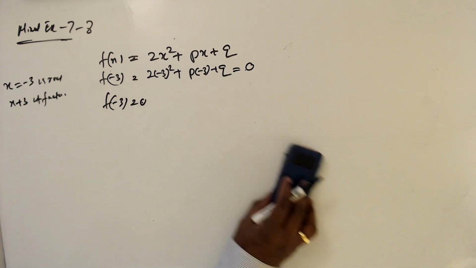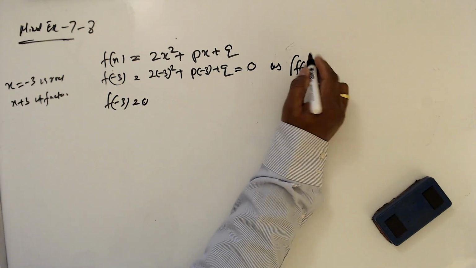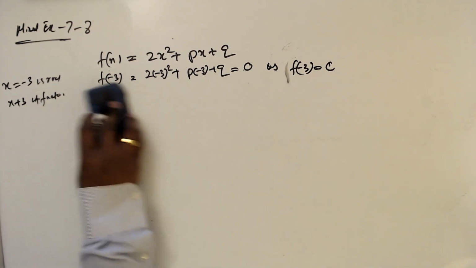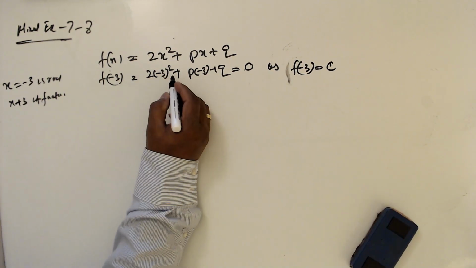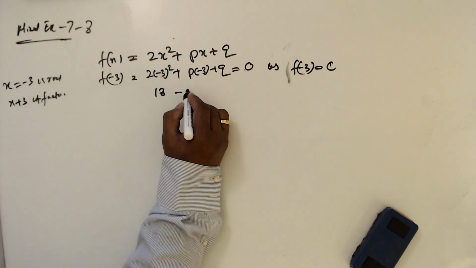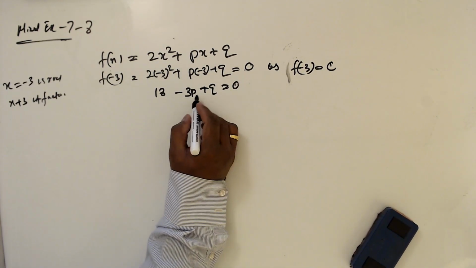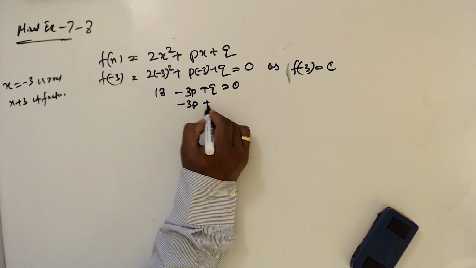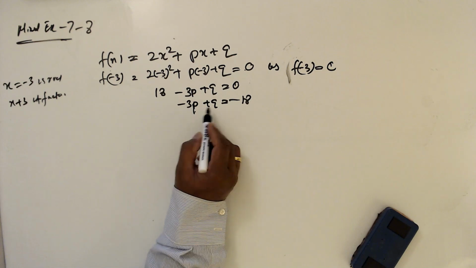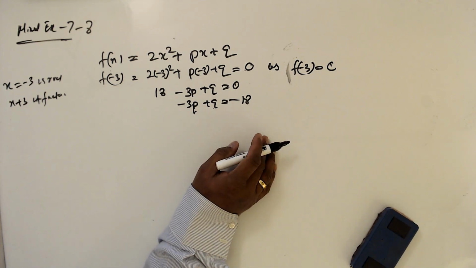So f of minus 3 equals 0. Right, so then this is going to be minus 3 square is 9, 18, minus 3p plus q equal 0. Then minus 3p plus q equal minus 18. Two unknowns, we have only one equation, we need two equations to solve.